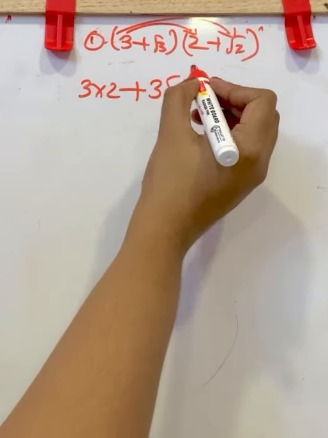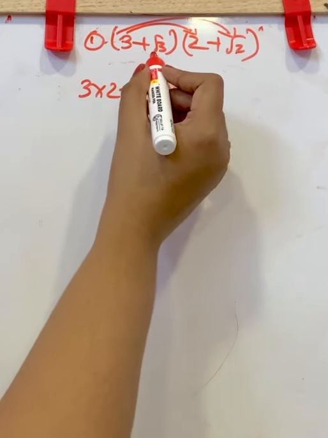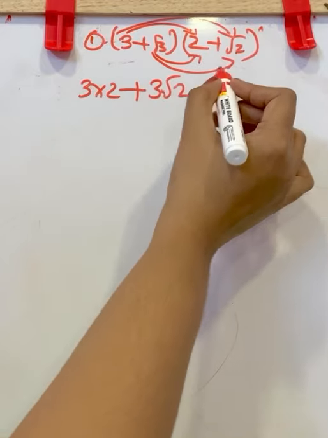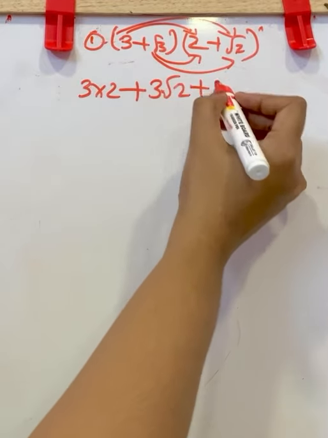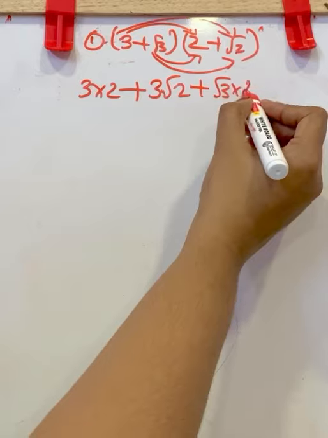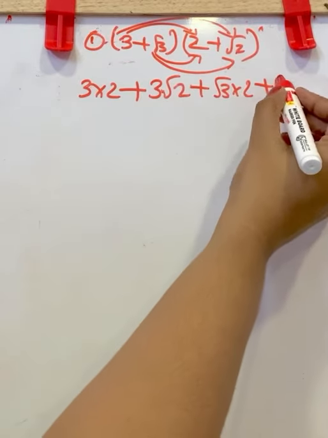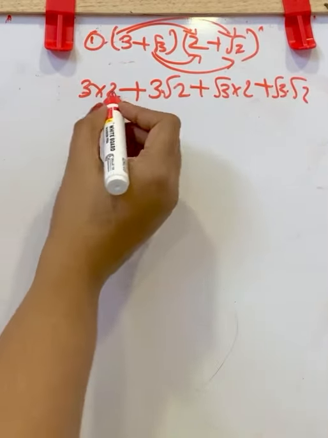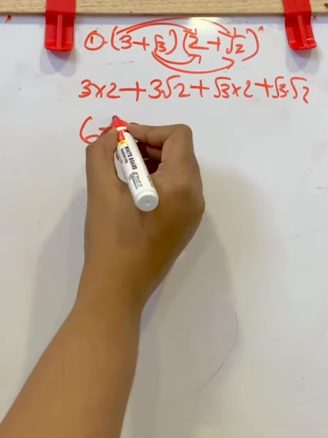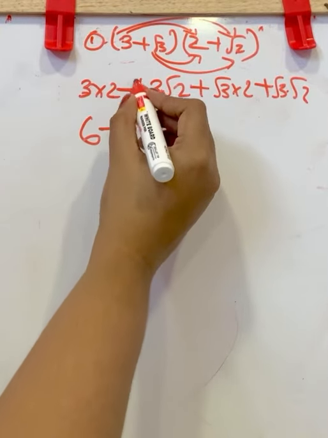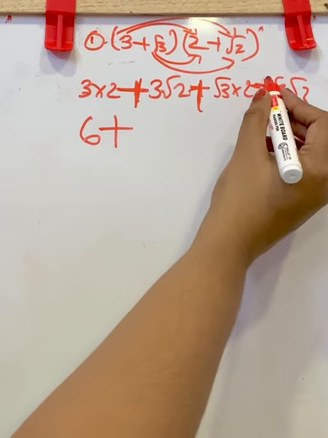Now distributing with root 3, plus root 3 into 2 plus root 3 into root 2. Now 3 2s are 6. Here we have 4 terms.